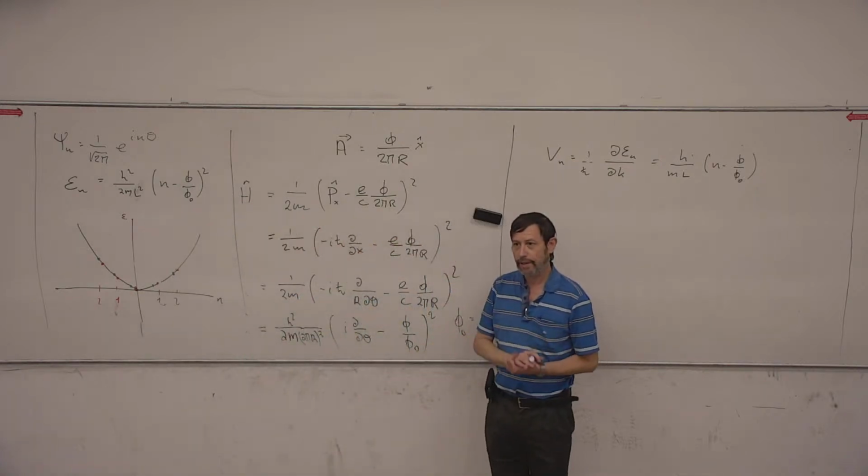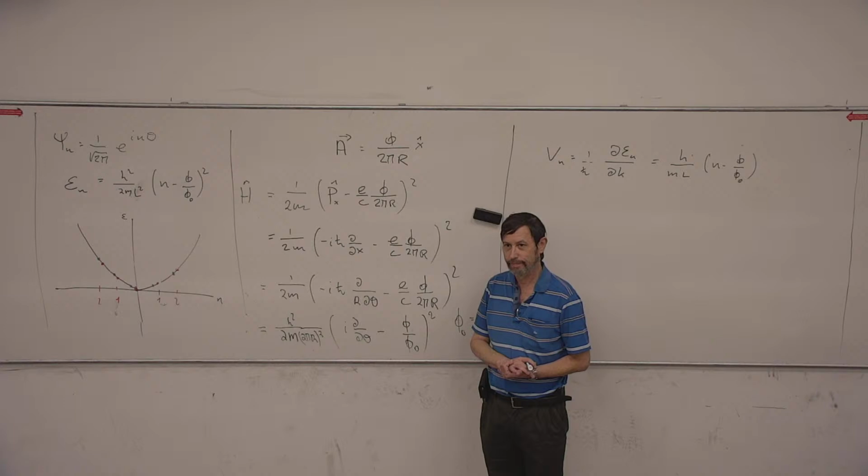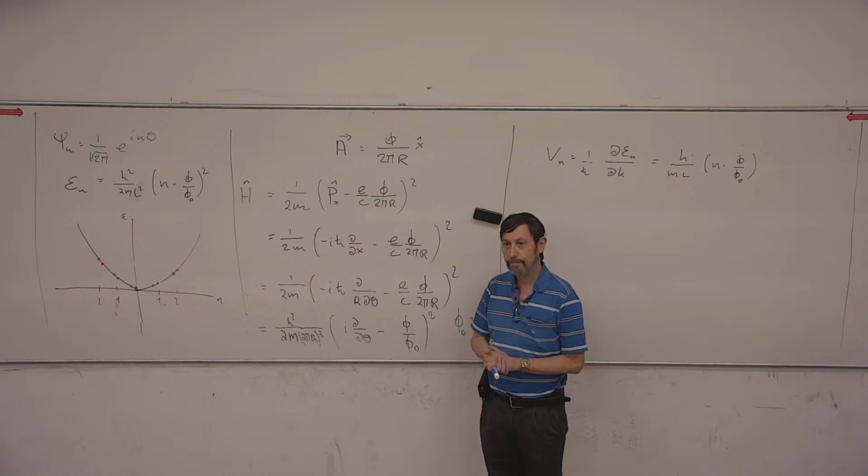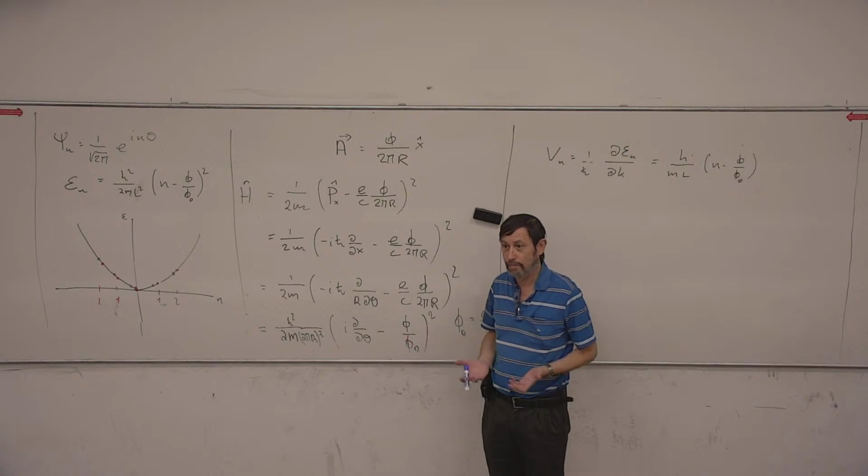So you have your current. Now, this current is persistent current, right? As long as electrons occupy this ring, they'll continue forever.